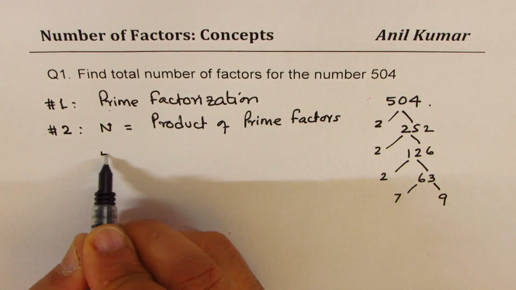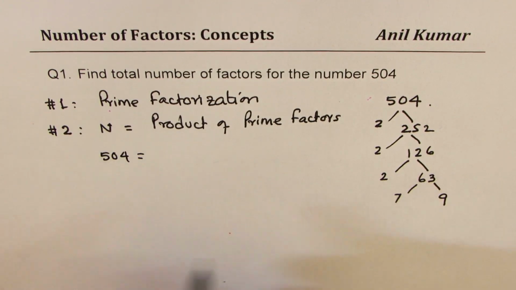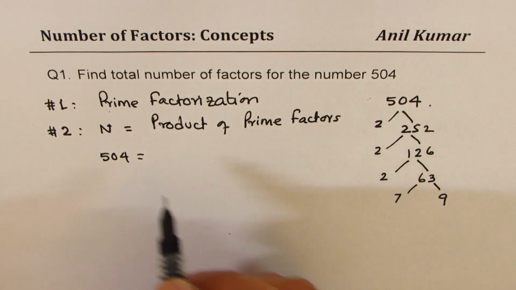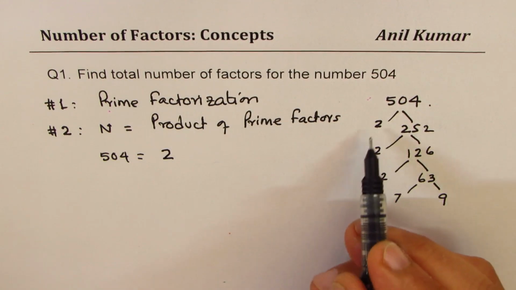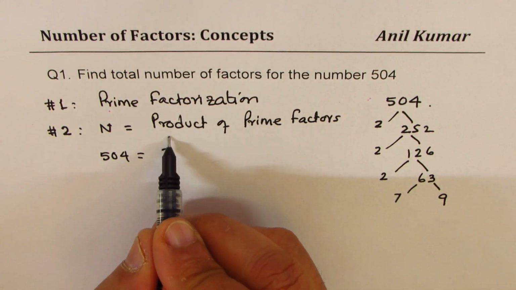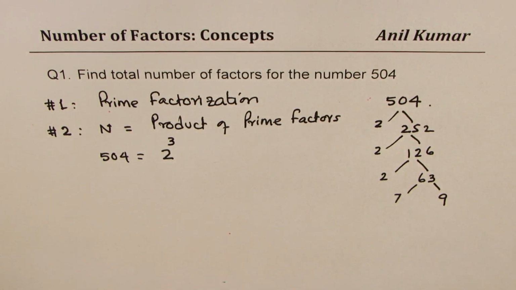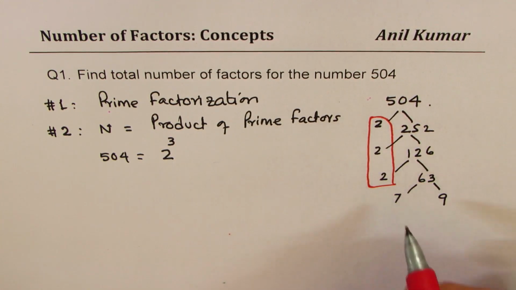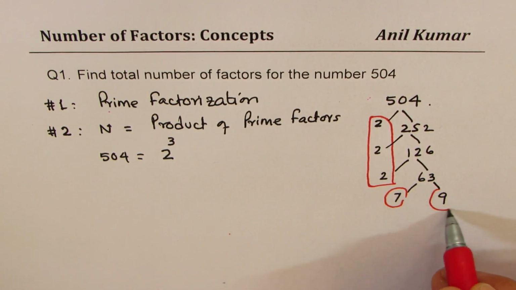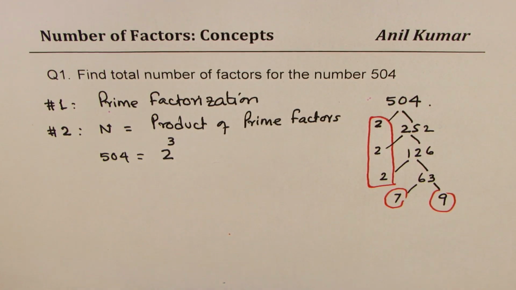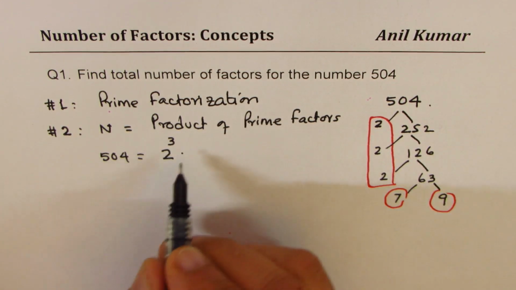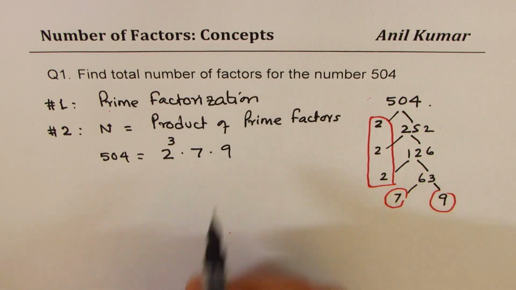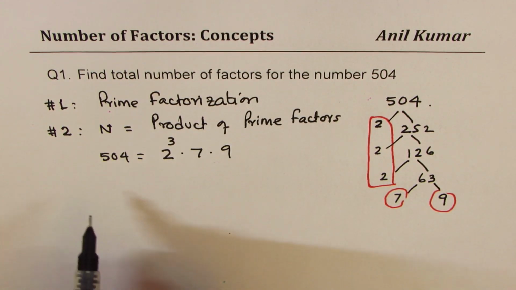So we could write 504 as 2 cube, 7, 9. There are 3 2's, right? So remember, I could have written 2 times 2 times 2. So these are the 3 2's. And then we have 7 and 9, correct? So we'll use a dot convention here for product. Does that make sense? So that is the second step.